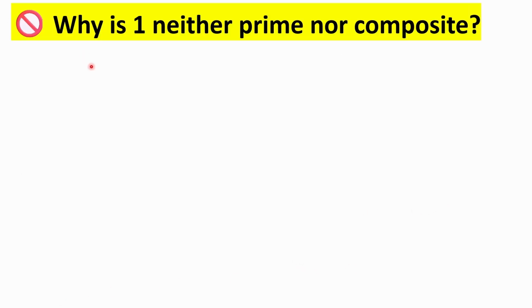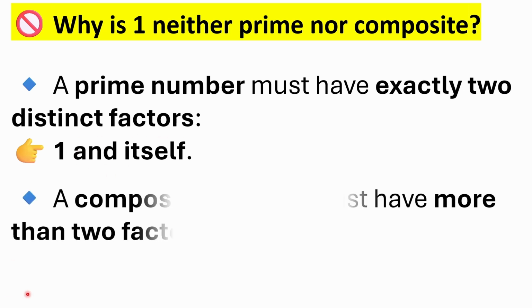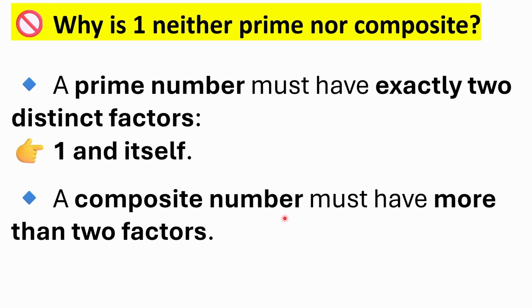To understand why, let's recall the definition. Why is 1 neither prime nor composite? A prime number must have exactly 2 distinct factors, which are 1 and itself, while a composite number must have more than 2 factors. Now, let's look at the number 1.